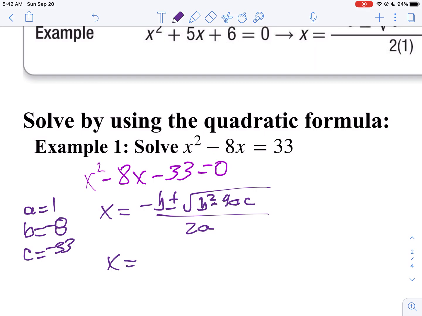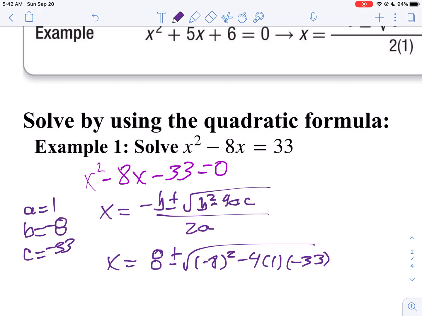Well, if b is already negative, what's the opposite of negative? It'll be positive, so 8 plus or minus the square root of negative 8 squared minus 4 times 1 times negative 33, all over 2 times 1. Now it's just a question of simplifying it.